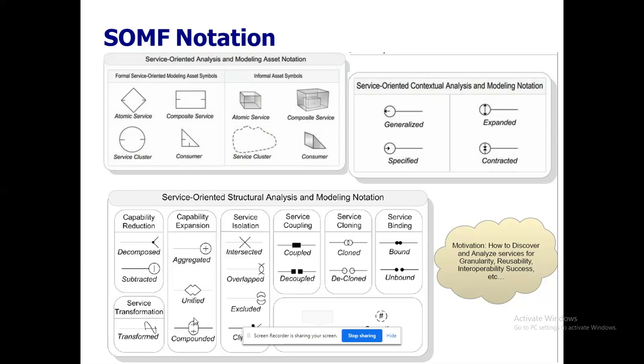So when I'm coming to the advanced notations, what are all the things that I have to use? Right? In the advanced notations, we could commence with the order that they have given. First, they have talked about reduction, expansion, isolation, coupling, cloning, binding.